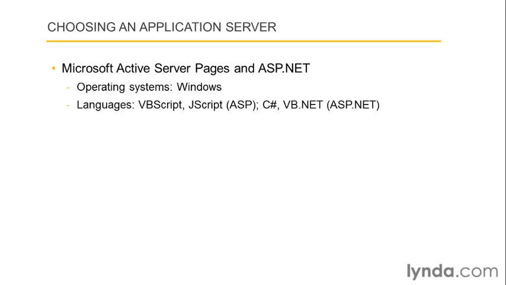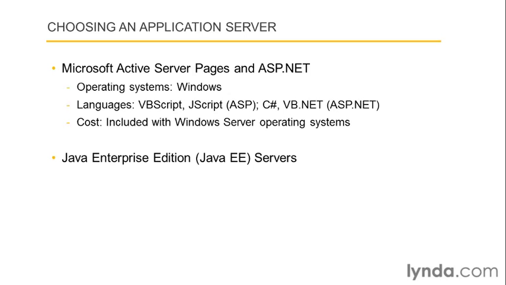If you're working in Active Server Pages, you'll be working with the languages VBScript or JScript. And if you're working with ASP.NET, you'll most likely be working with either C# or VB.NET. ASP and ASP.NET are included with all copies of the Windows server-based operating systems. Technically, they aren't free because you have to pay for Windows, but they're both lower cost than other application servers that you have to pay a separate license fee for.